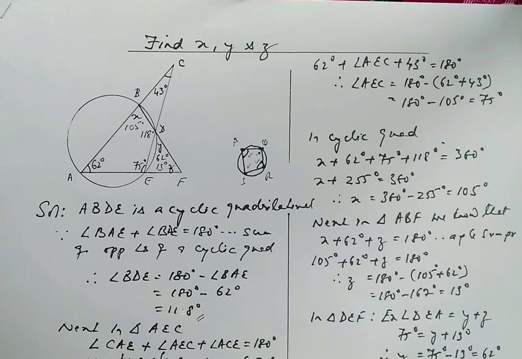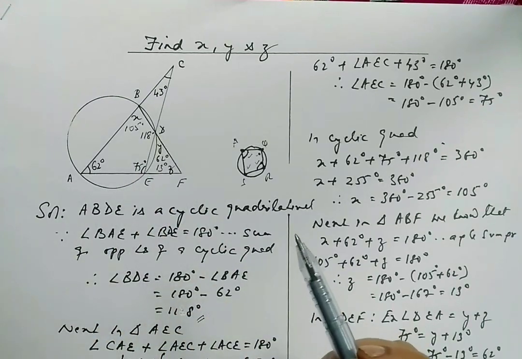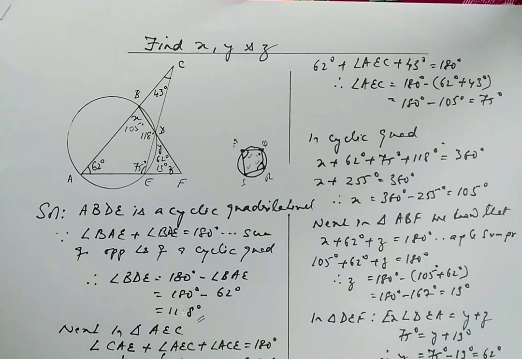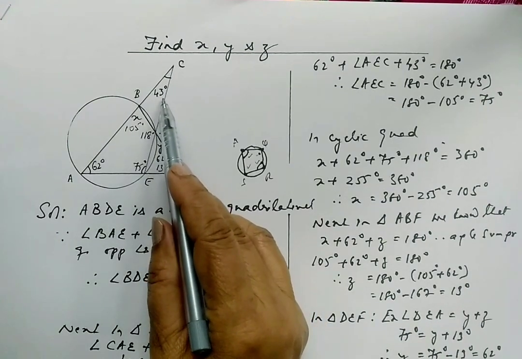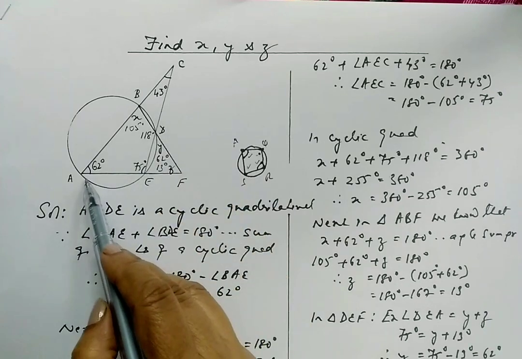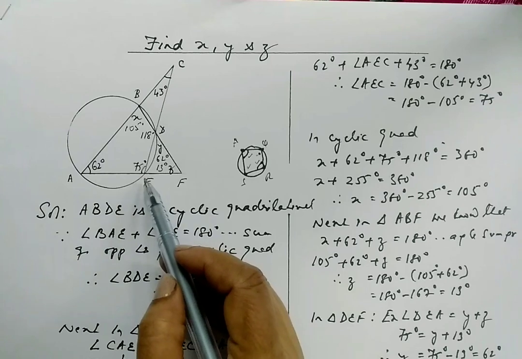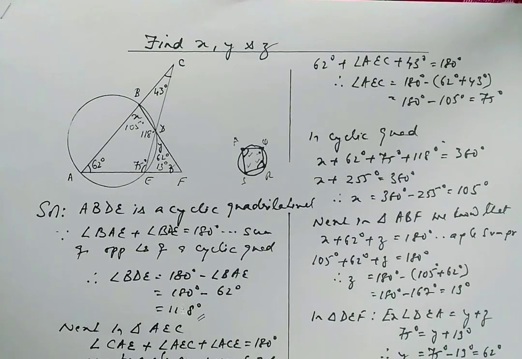Next, having got that, we concentrated on this triangle. And what is that triangle? It's AEC. Why did we do that? Because they had already given us 43 degrees for angle C and 62 degrees for angle A, so it was easier to find the third angle of the triangle.